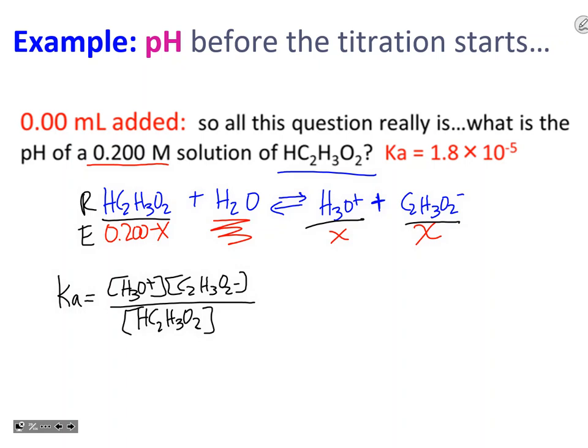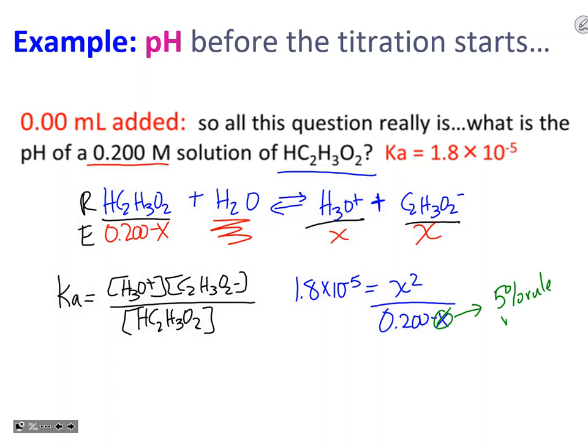And then we plug in: we get 1.8 times 10 to the minus 5 equals x squared over 0.2 minus x. We take out the x for the 5% rule, and we calculate, looking for this hydronium, because we want that for the pH. We need that x. X equals the hydronium, and we figure that out.